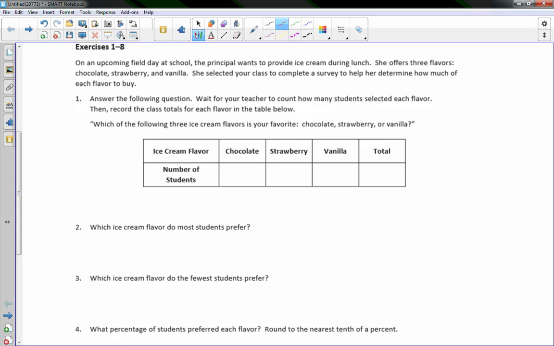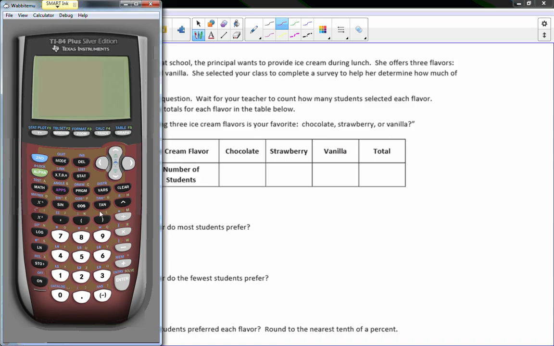Okay, so I'm going to use my calculator to make a random list here, because when I make my videos, it's usually before I teach the lesson. So I don't have any data yet on what my classes chose over these 3 different flavors. So here's my calculator, and I'm going to go to math, probability, and I'm going to do the random integer.